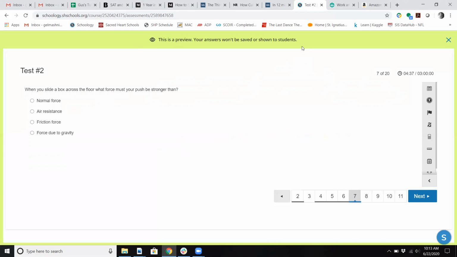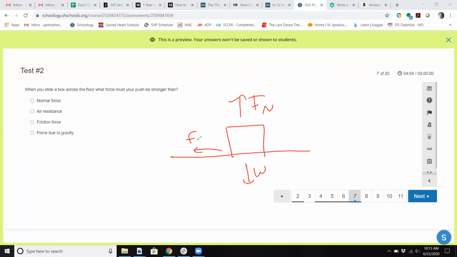When you slide blocks across the floor, what must the force be stronger than? Well, you do have your normal force, obviously. You do have your weight due to gravity. You do have friction, whether it's kinetic or static. We'll call it static right now because it's not moving just yet.